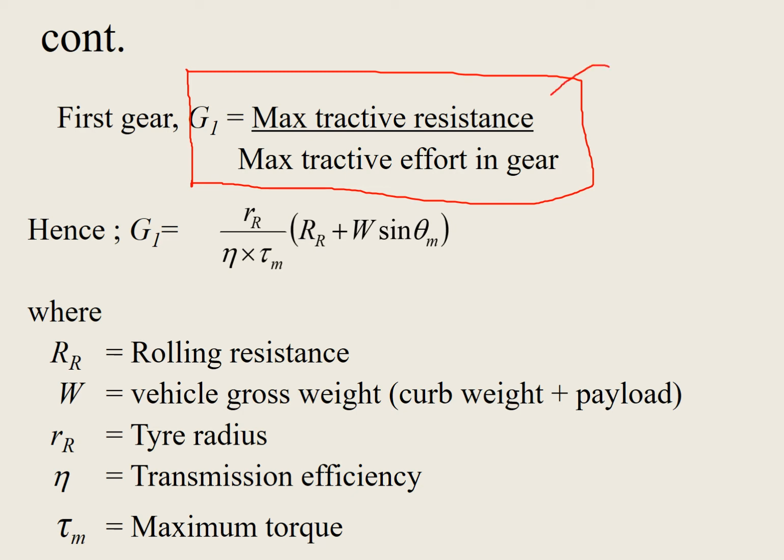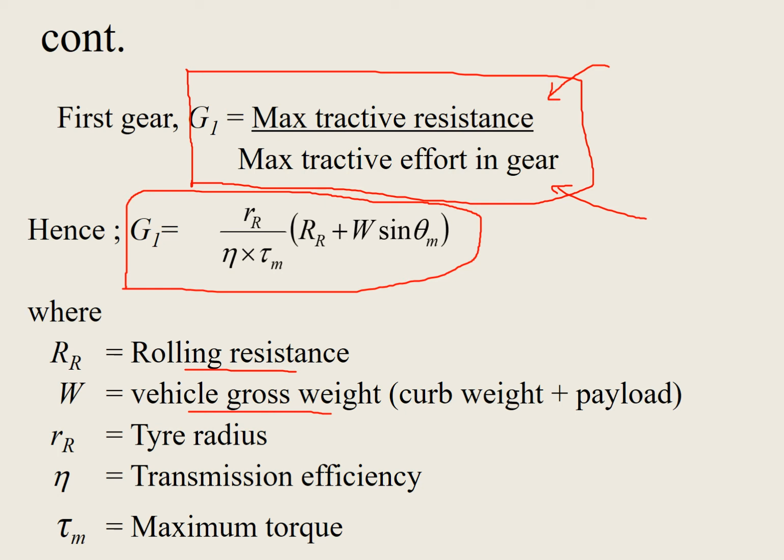If you know the maximum tractive resistance, and we know the maximum tractive effort in gear, then we can get the first gear ratio, and it also can be calculated by using this formula. Here we will know the rolling resistance, and we also have to know the vehicle gross weight, the tire radius, and the transmission efficiency with the maximum torque of the engine.